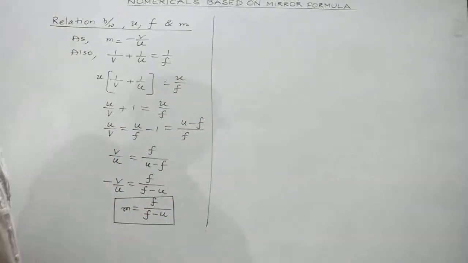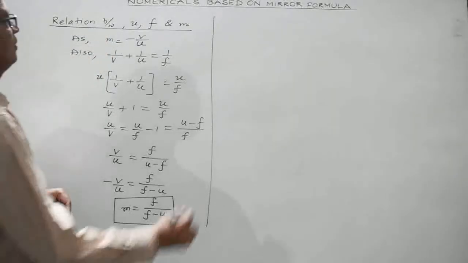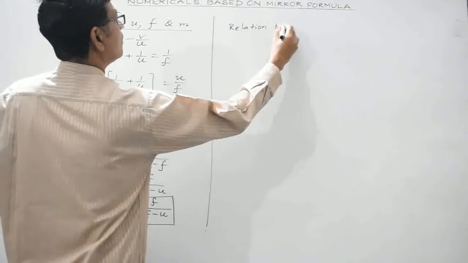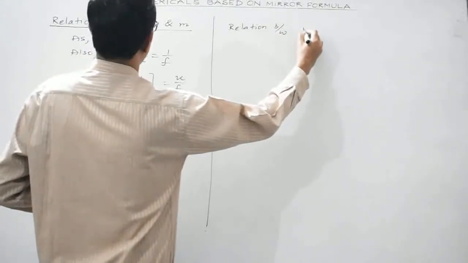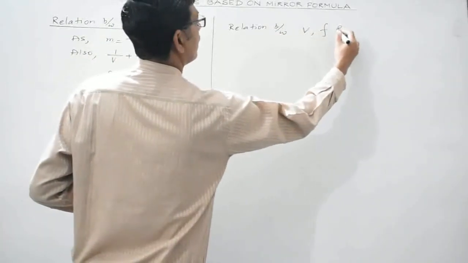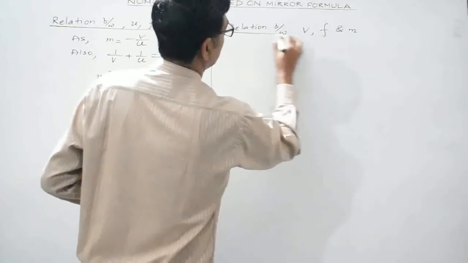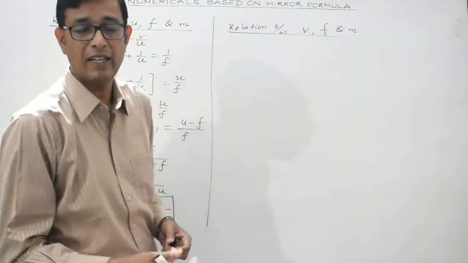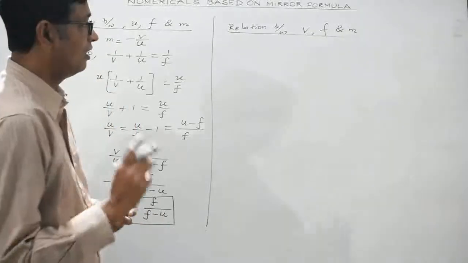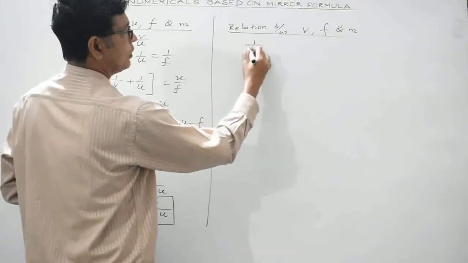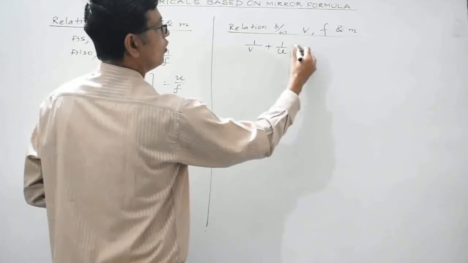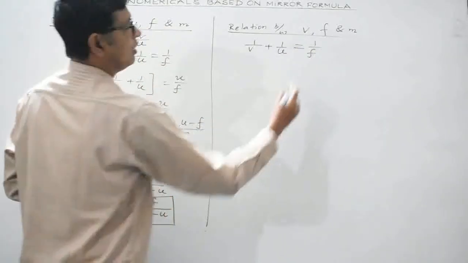Similarly, you can proceed with the relationship between v, f and m. v is the image distance, f is the focal length and m is the linear magnification. Again, as per the mirror formula, 1 by v plus 1 by u is equal to 1 by f.